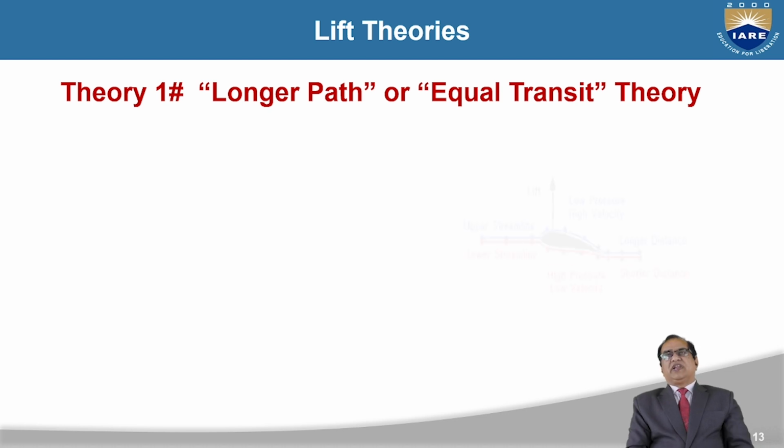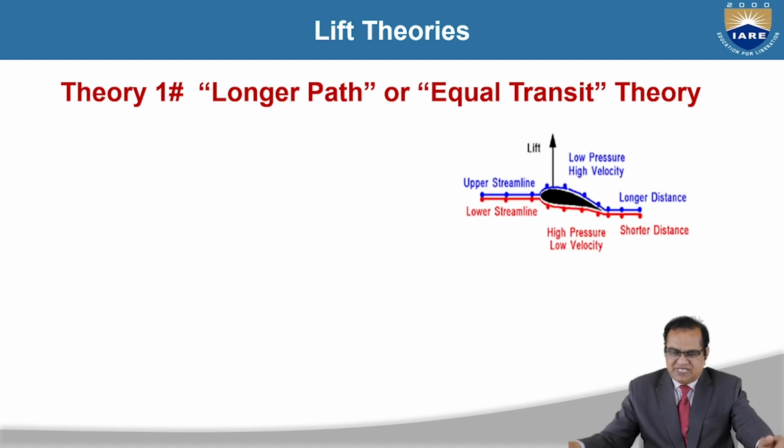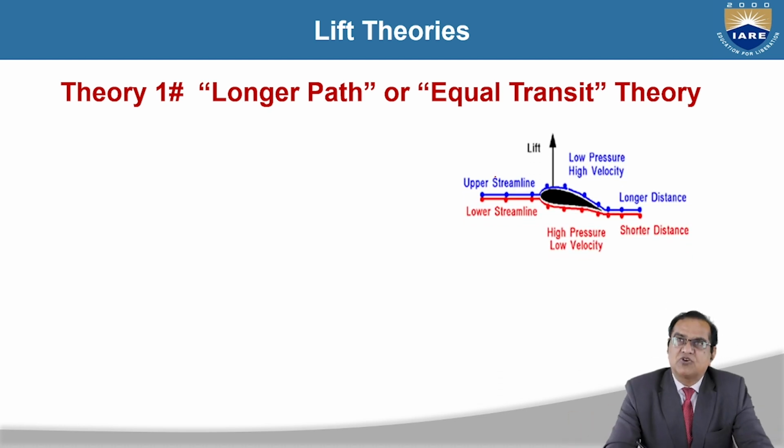So how does it work? We can see here two molecules, one blue and another red, both moving together. As they get to the leading edge, the blue molecule moves upward and the red molecule moves downwards.